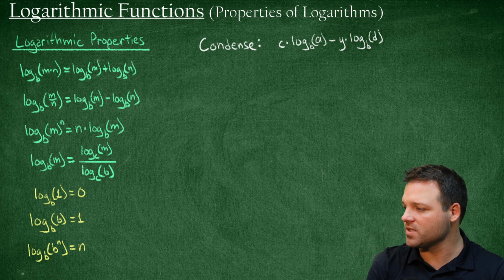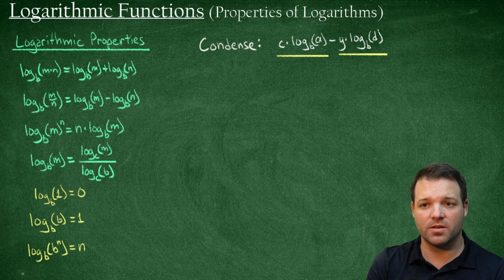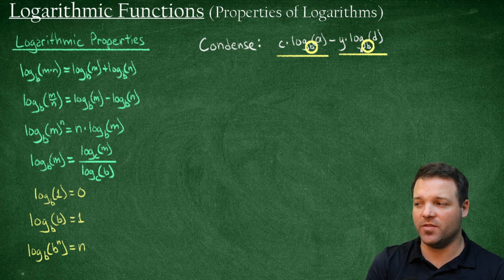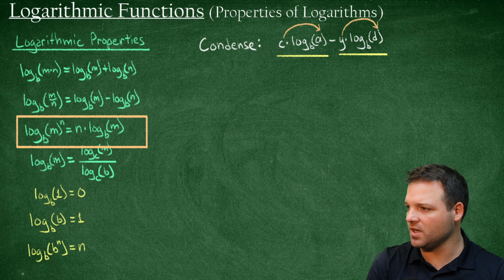First thing I notice is that there are two terms. Also, I notice that the bases of these logarithms are the same, which means I can apply these properties. Both of these are base b. If they were different, then you cannot apply the properties to combine these. Okay? All right, let's continue.